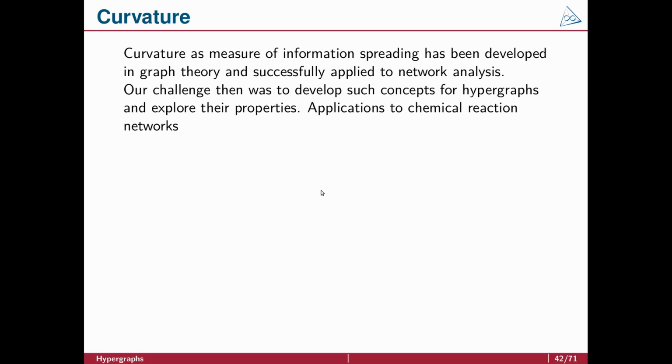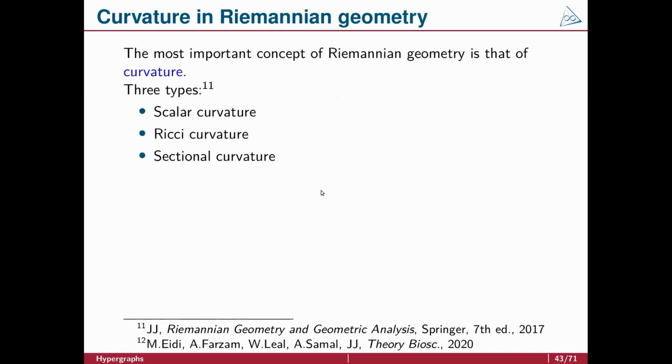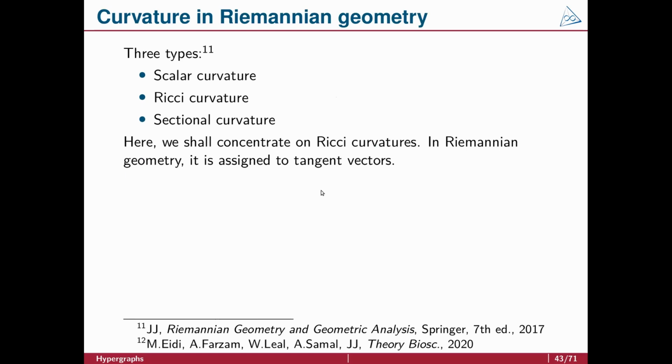And even in Riemannian geometry, the history of the name is a little weird because in terms of really Riemannian geometry, a curve that may look quite curved in space, in fact, does have curvature 0. And there are 3 types of curvature in Riemannian geometry: the scalar curvature, the Ricci curvature, and the sectional curvature.